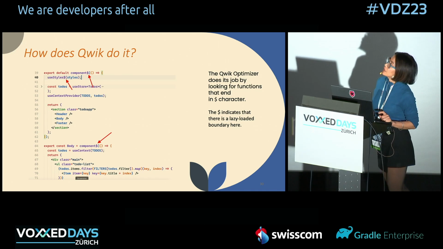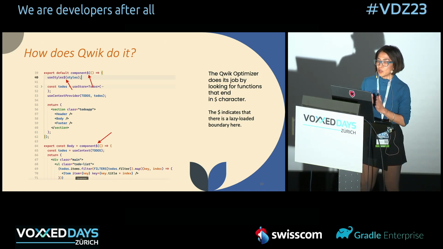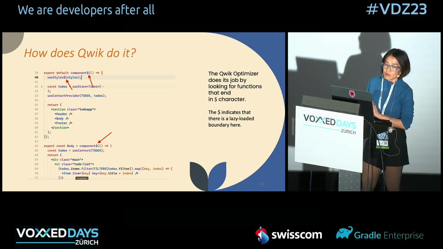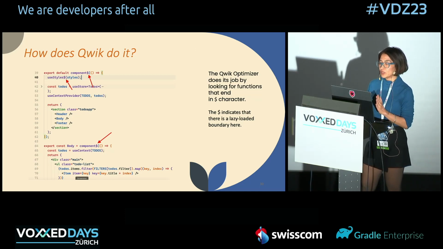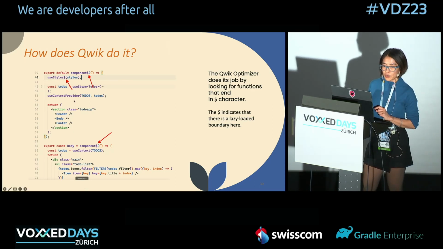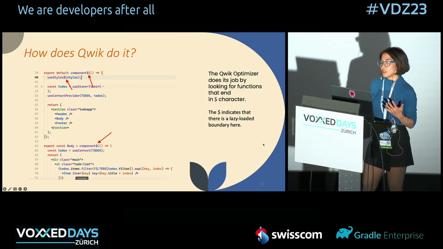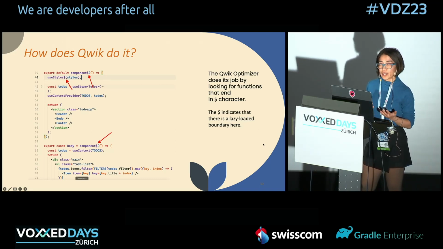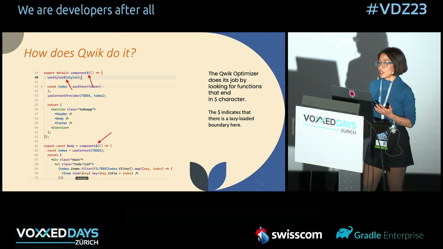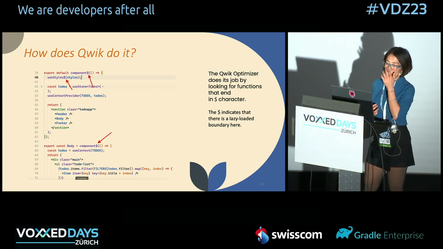So like what I said, how does Qwik do it? If you look at the code, you see that there's a dollar sign here, and here also, the use styles, components, and here. This is a component dollar decorator. Whenever you see a dollar sign on your function, component, or event listeners, that tells you that it is being lazy loaded.